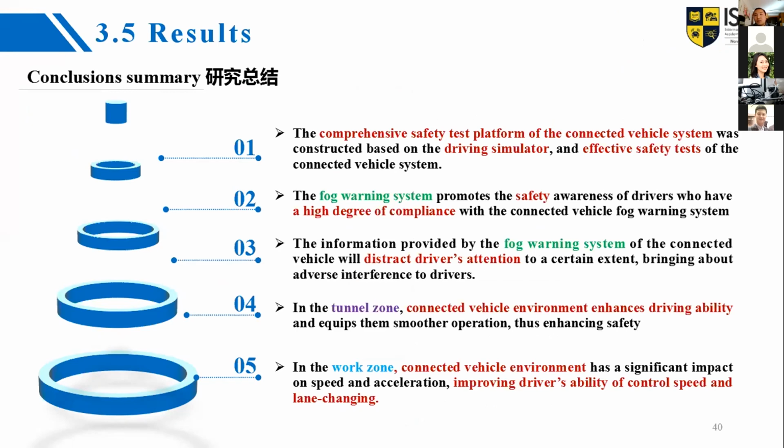But the information provided by the fog warning system will distract drivers' attention. In the tunnel zone, CV technology enhances the driver's ability and enables smoother operation, thus enhancing safety, I think. In the work zone, CV technology improved the driver's ability to control speed and lane changing.